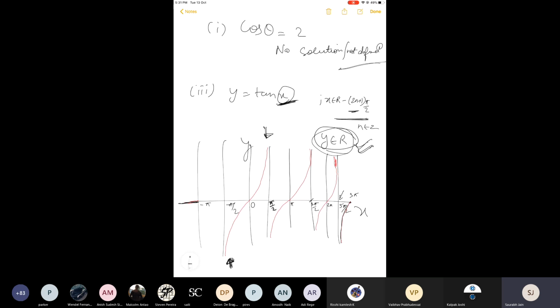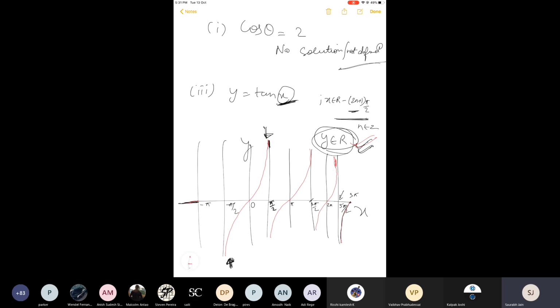It shows that if you extend this black line, then this red curve will also move with it, but it will never meet. So ultimately, this red curve is going from minus infinity to infinity. That is the meaning of the notation that y belongs to R.